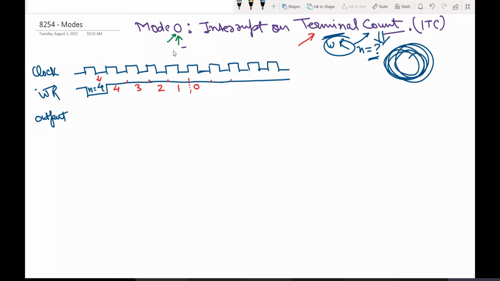Just remember from the mode number, mode 0, that the output will initially be 0, and it will remain low until we get the edge of the terminal count, which is your 0 value. So this is the output of your mode 0 when it is operational. Is that clear, everyone?